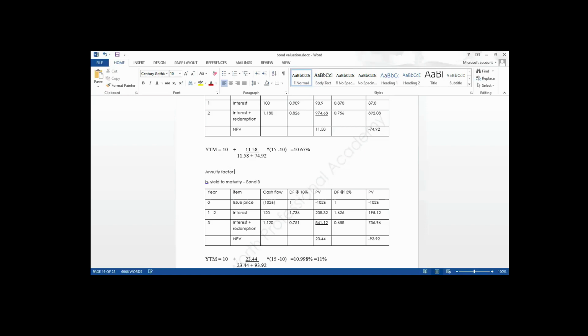Annuity factor is equal to 1 minus bracket 1 plus R, close your bracket, close your bracket, raised to power minus n, something like that.